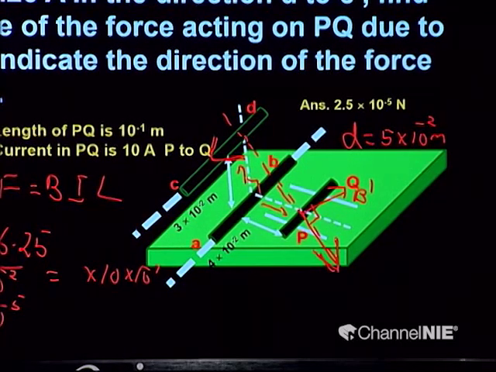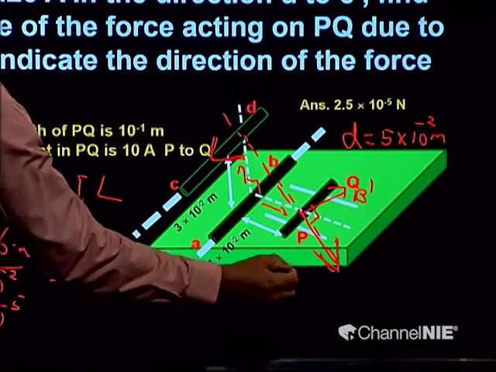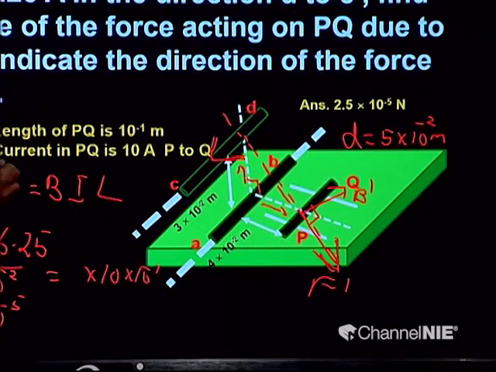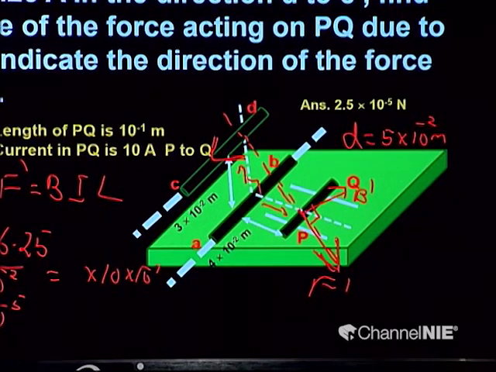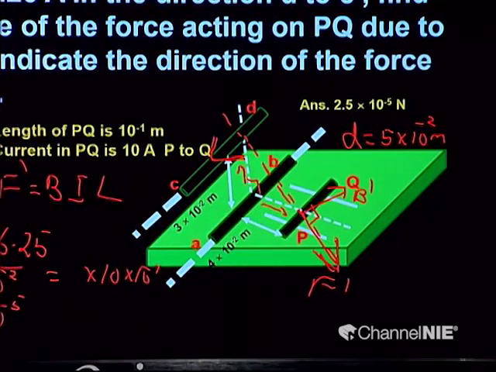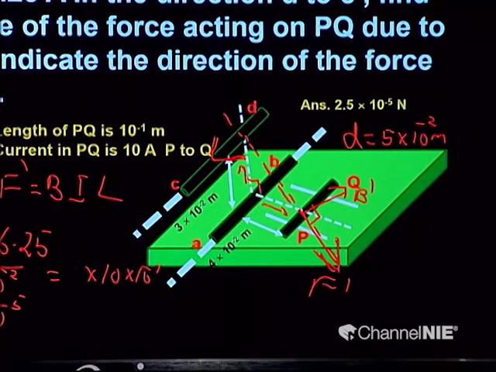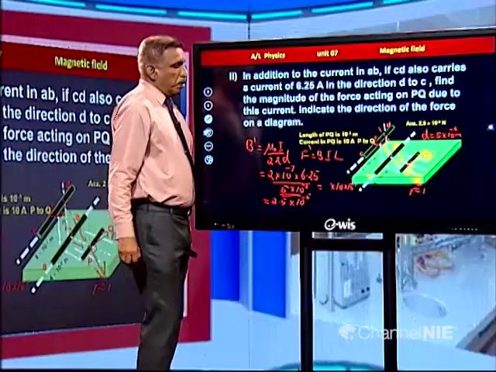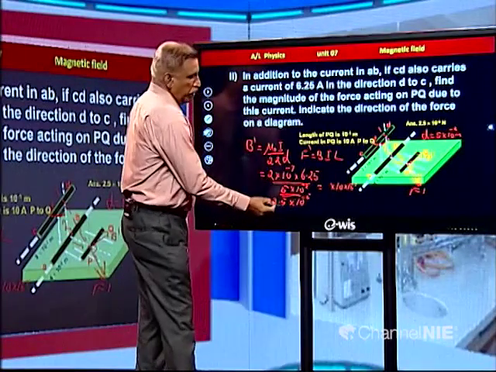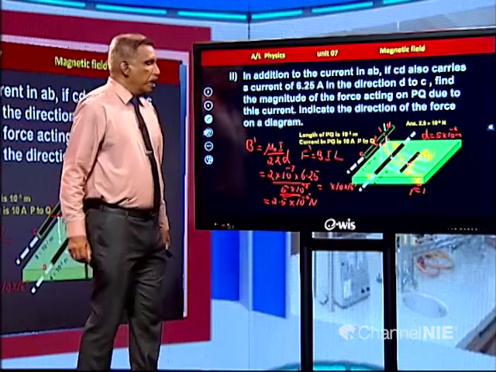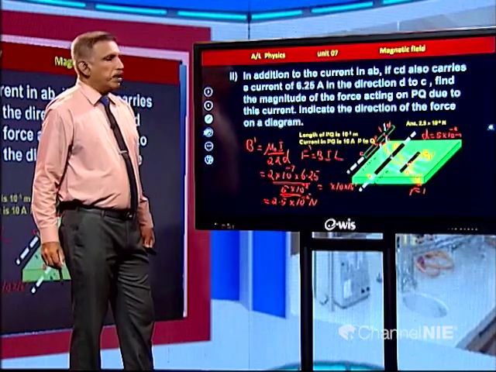We say that force is F dash. Earlier we wrote F1 as a force, so the new force is F dash. The force lies on the line joining the two conductors. Again, that force magnitude is 2.5 into 10 to the power minus 5 Newton.